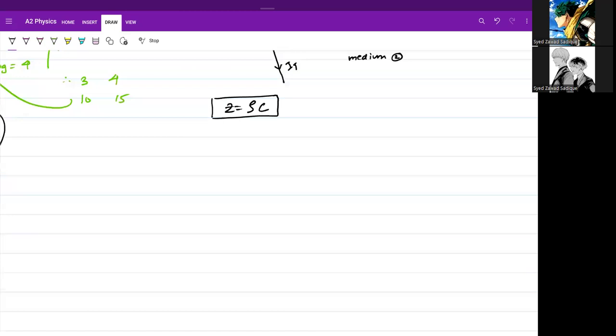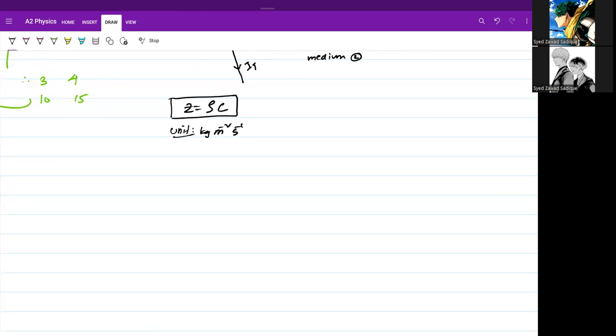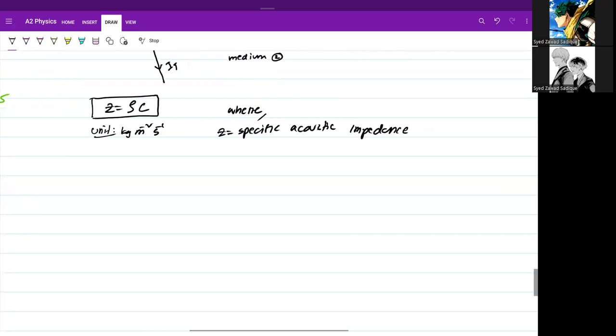The unit is kg per meter square per second, where Z is specific acoustic impedance in kg per meter square per second.